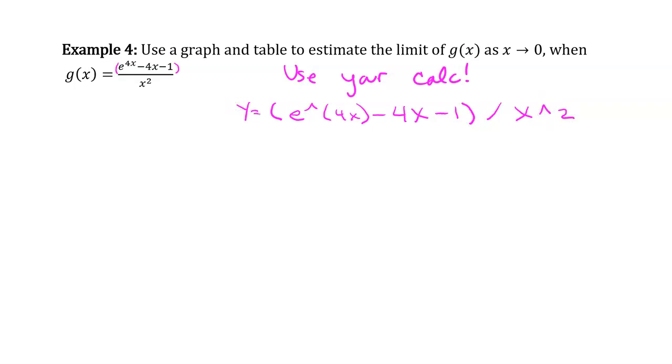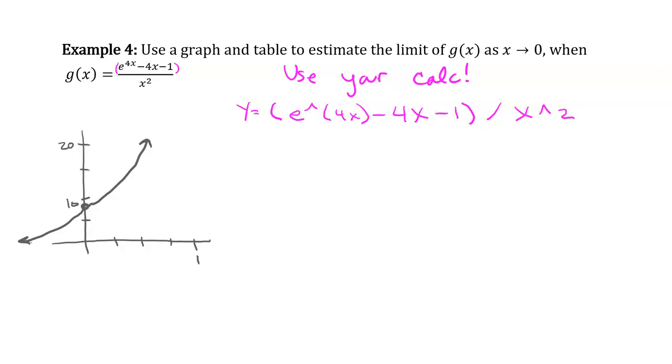So if we do that, we're going to get a graph that looks something along these lines. And we will have a hole, and something like that is what our graph will look like. Adjust your window to help you see it more clearly.